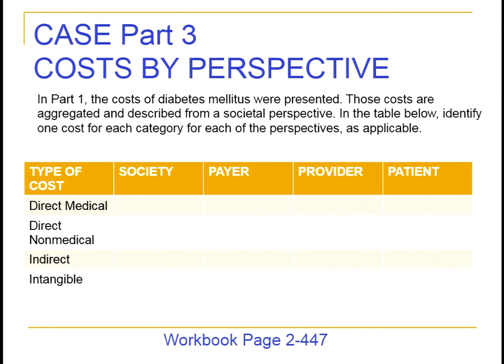So in the case part 3, we look at the cost by perspective. And the costs for the diabetes that we presented earlier are from the society level. Each of the perspectives is interested in different costs.